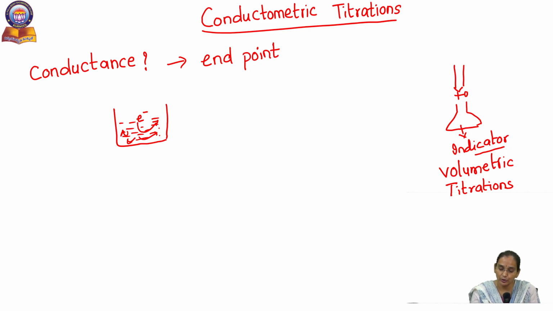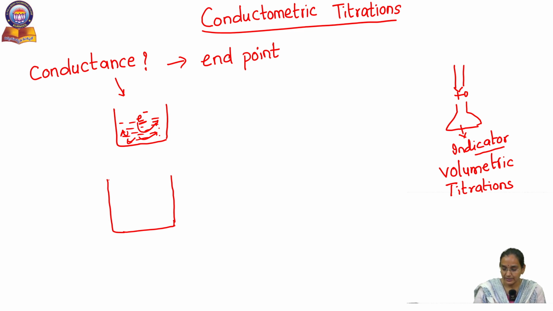So the ability of a solution to allow electrons through it is conductance. Coming to conductance, it depends on some factors. Let us discuss the factors.